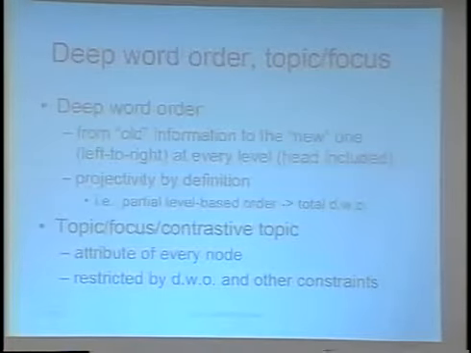The left part is the context, something that has been already said, the old information, and the right-hand part is the new information. And this applies at every level of the tree. So if you have a noun and adjective, typically the adjective is the new thing and the noun is considered to be the old thing, but it also depends on the whole discourse.